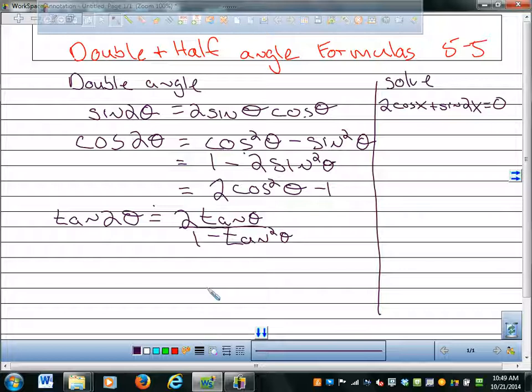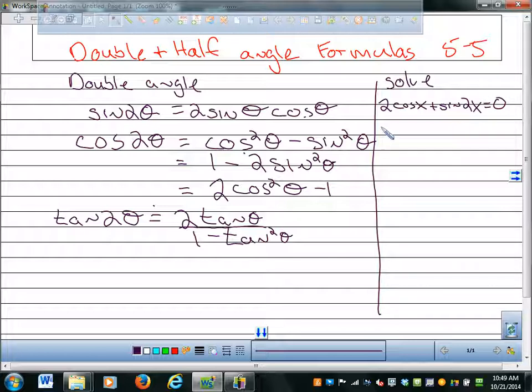Okay? Not sine squared x? No, not sine squared x, sine 2x. So what a lot of you did on the test, you wanted to divide that by 2 to get rid of this. You can't do that. You can't divide this because it's attached. Sine is a function, so you can't just divide away the 2.